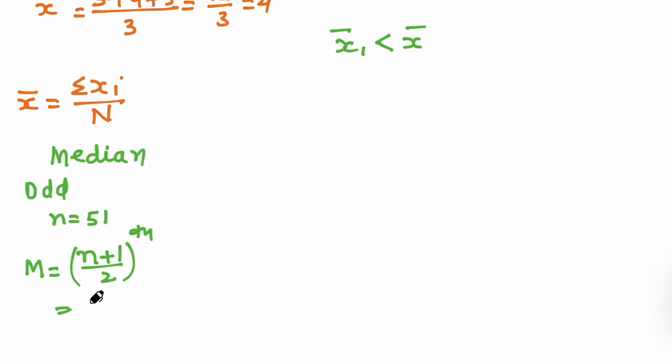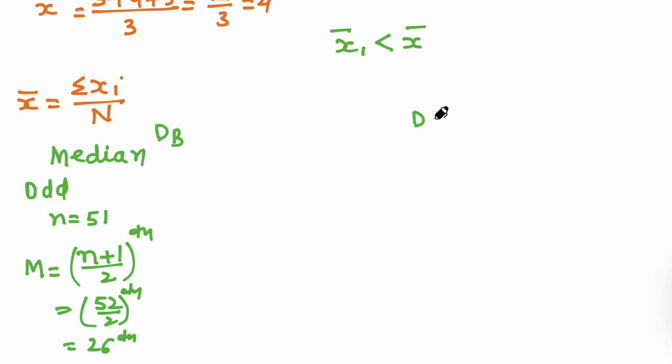So 51 plus 1 is 52, divided by 2, the 26th observation. That is for dataset B, because we have added 1 to it.